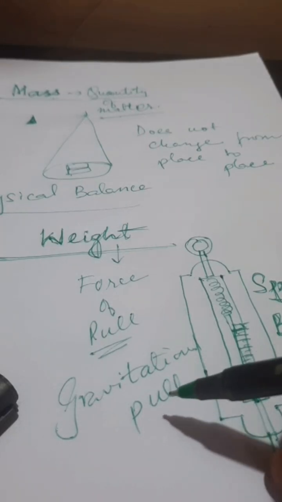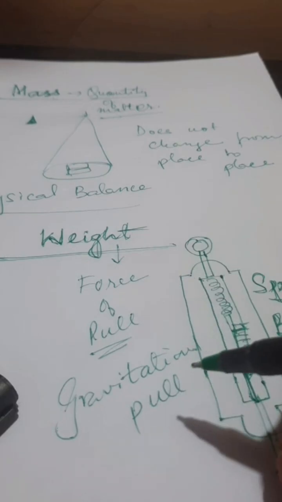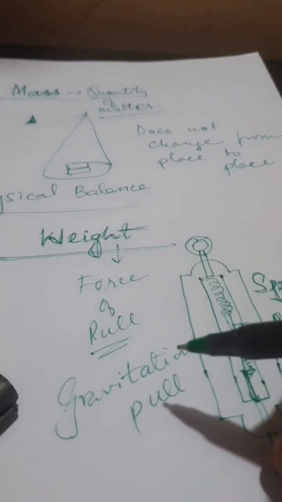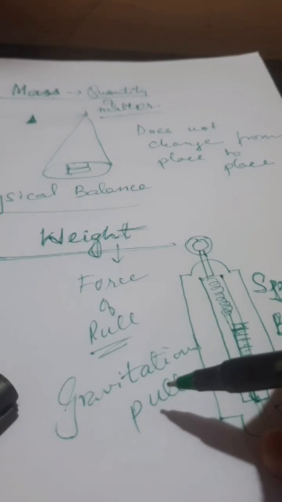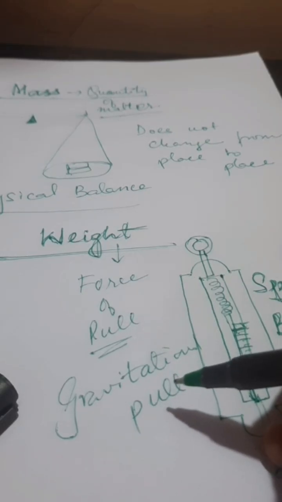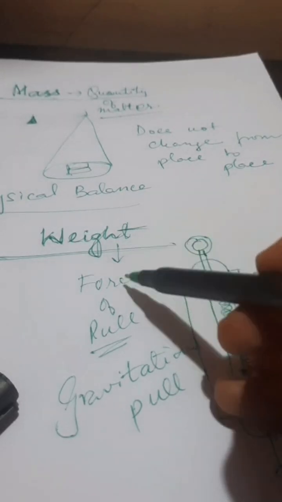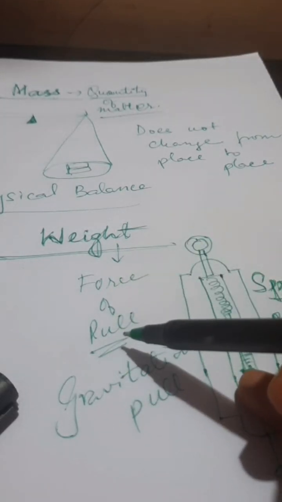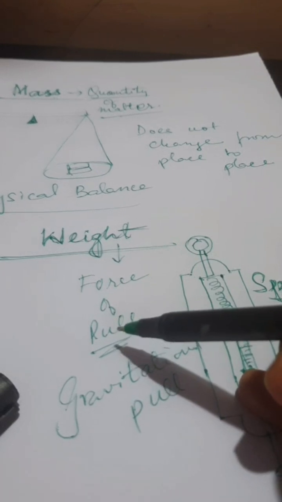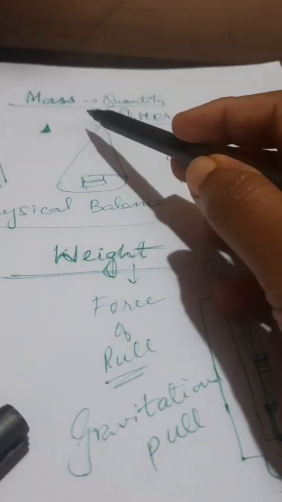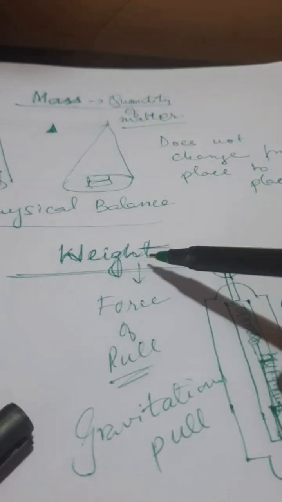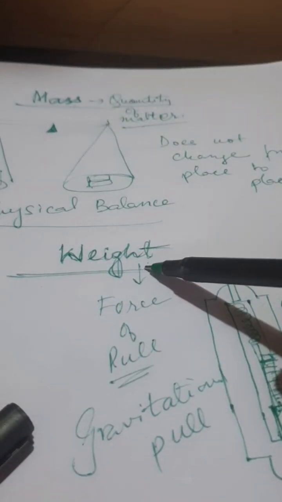When you are having some apple on earth, whatever the apple will weigh on earth will be different if you take it to some other planet and then weigh it over there, because weight is actually the pull of that planet on that particular object, which varies. Keep in your mind that mass does not vary from place to place, but weight does vary.